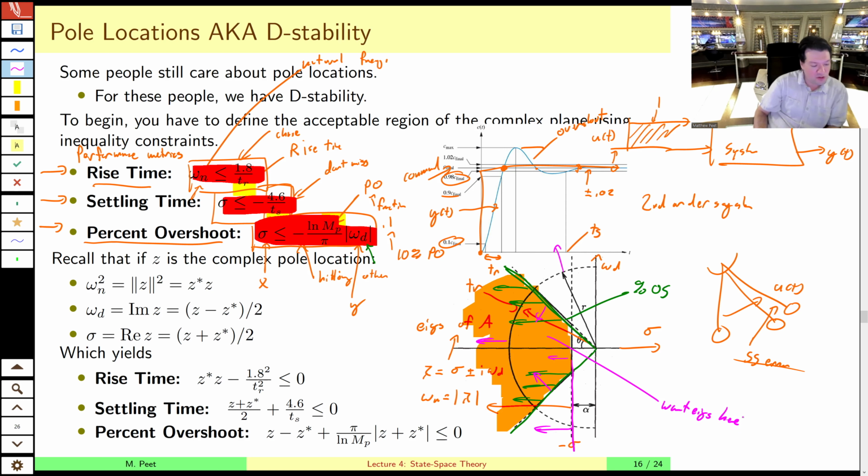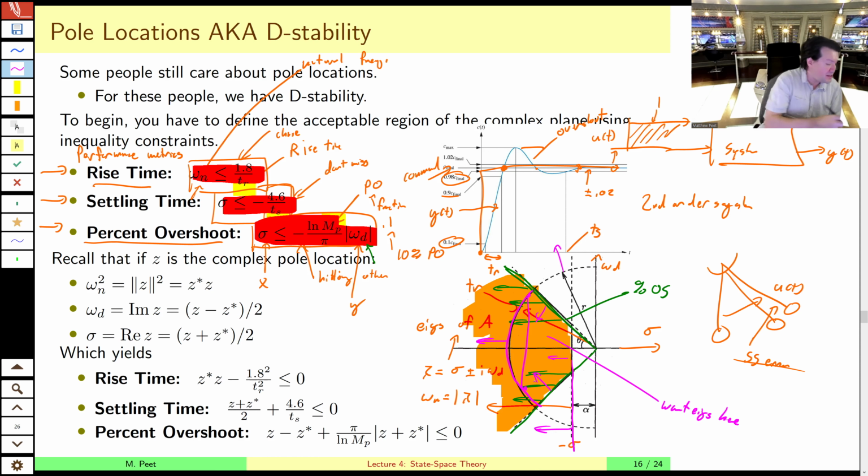It's a little bit tricky because this orange region, if we add the omega n constraint, is non-convex, because you connect those two lines and it's non-convex. We'll talk about that later.